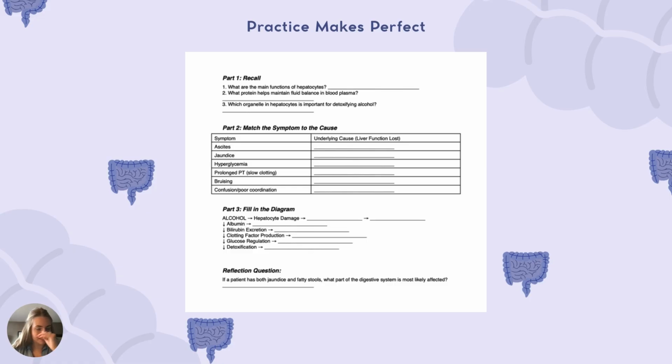And then finally, just to have a quick practice for the students, I made this little worksheet. It has 3 parts, all based on the tables that I made previously in these slides. The first part is a recall of the function of the liver. What are the main functions of hepatocytes?